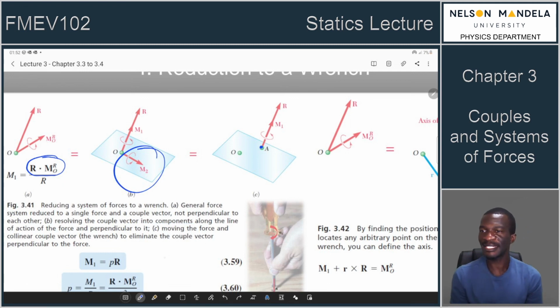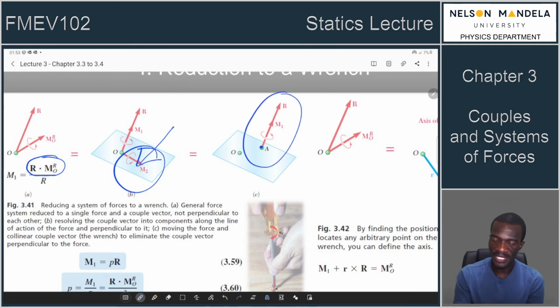And this text says they are resolved into its components along the line of action of the force and perpendicular to it. Then moving the force, that's C now, moving the force and collinear couple vector, which is the wrench, to eliminate the couple vector perpendicular to the force, to eliminate this M2. So in other words, we want to leave the system with the same turning effect, but all we want is to obtain a wrench.